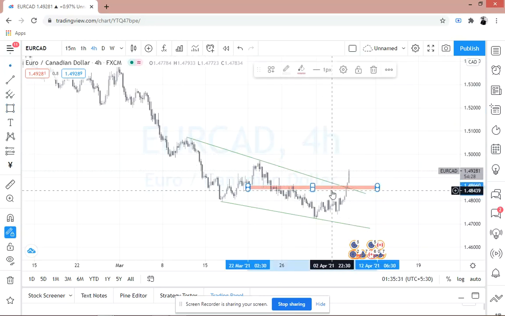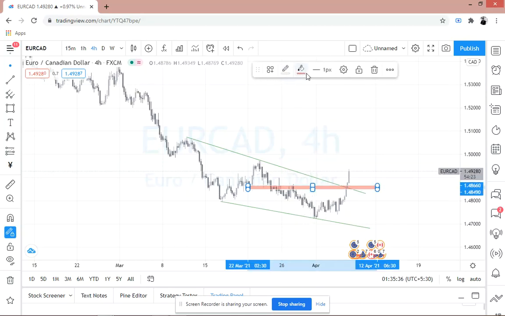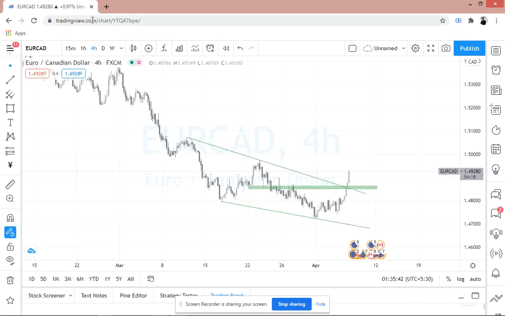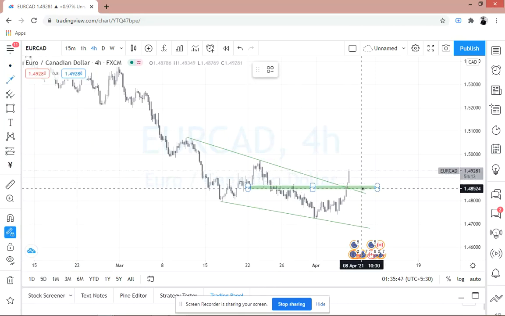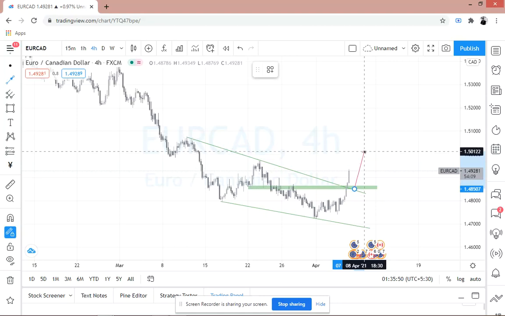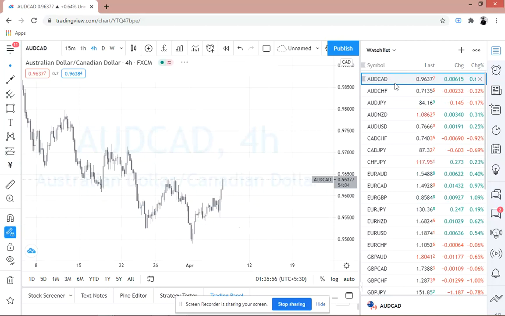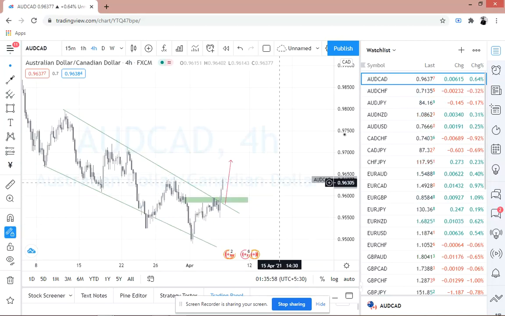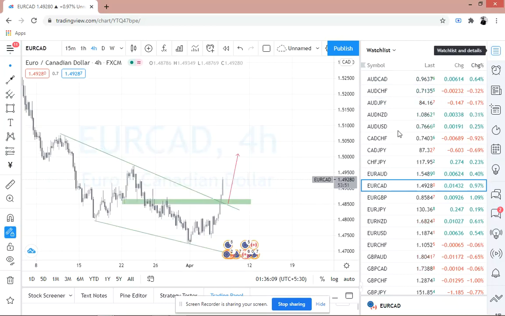If the market makes a retracement down to this level, we should go long for Euro CAD, just the same movement as AUD CAD. Okay, that is Euro CAD.